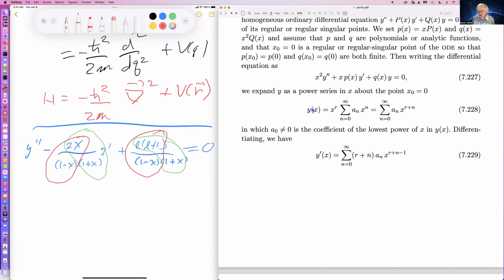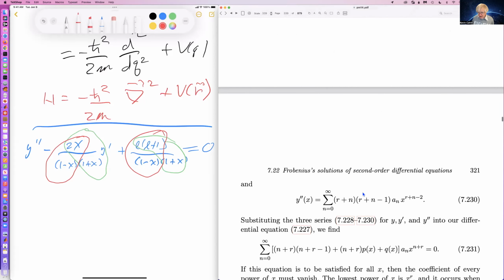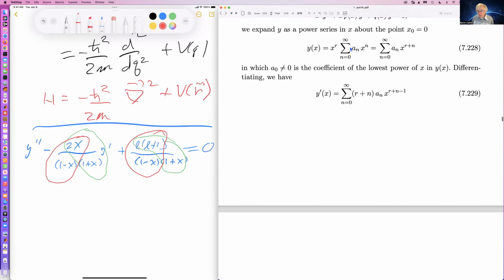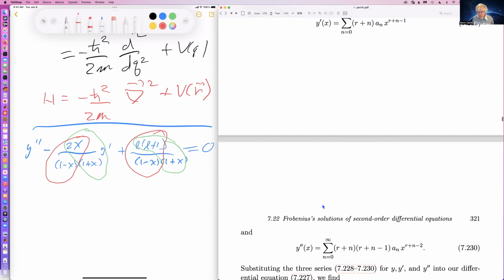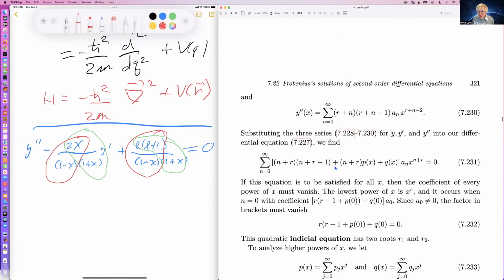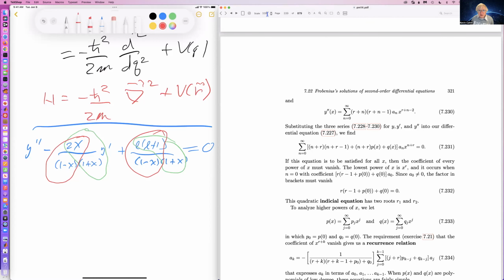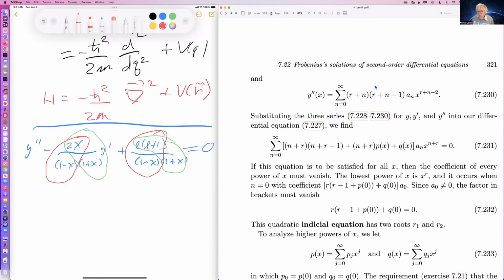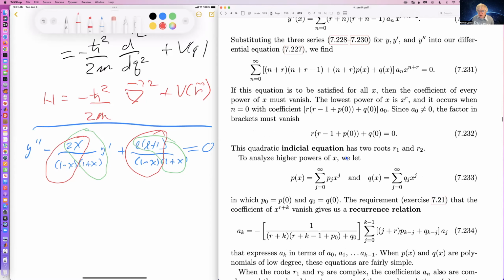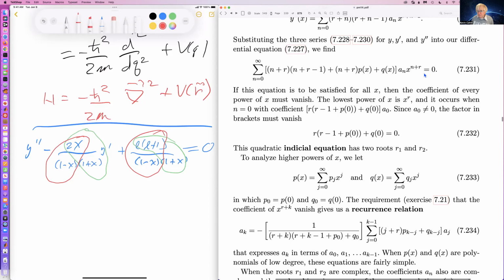So what you do then is differentiate this equation, and differentiate again, and you get this equation, that equation, and that equation. Then you shove them all into the original equation, and you get this after some work. It doesn't happen instantly. We want this equation to be true for all values of x.